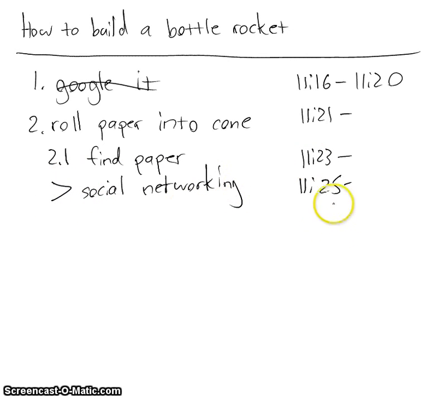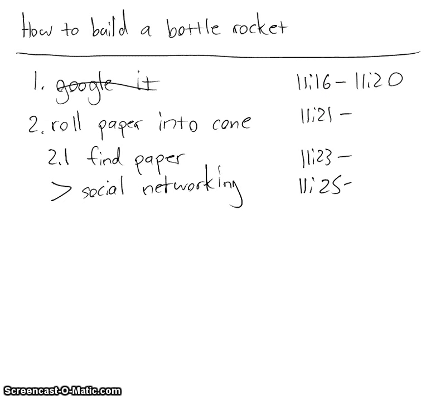Let's say we started at 11:25. Once we're done, we'll fill this in and say we're done at 11:30. Then we'll resume the subtask 2.1, which was to find paper. And once we're done with that, we'll resume the parent task, which was to roll paper into cone.